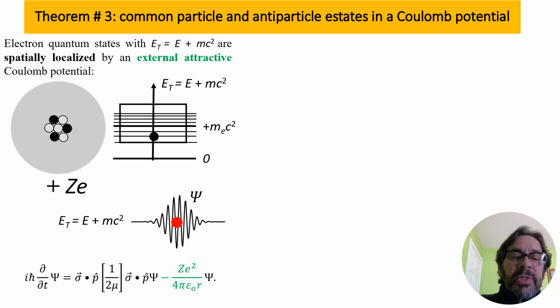The electron is confined around the positive nucleus, and consequently, the spectrum of energy is discrete. These are the common quantum states that, in the non-relativistic limit, are studied in non-relativistic quantum mechanics. These states are solutions of the Pauli-like PPGP equation shown below.